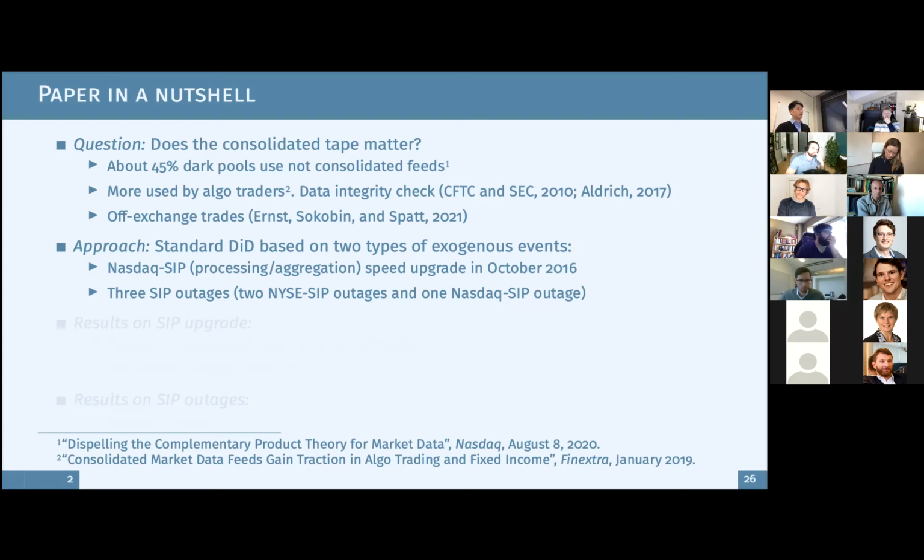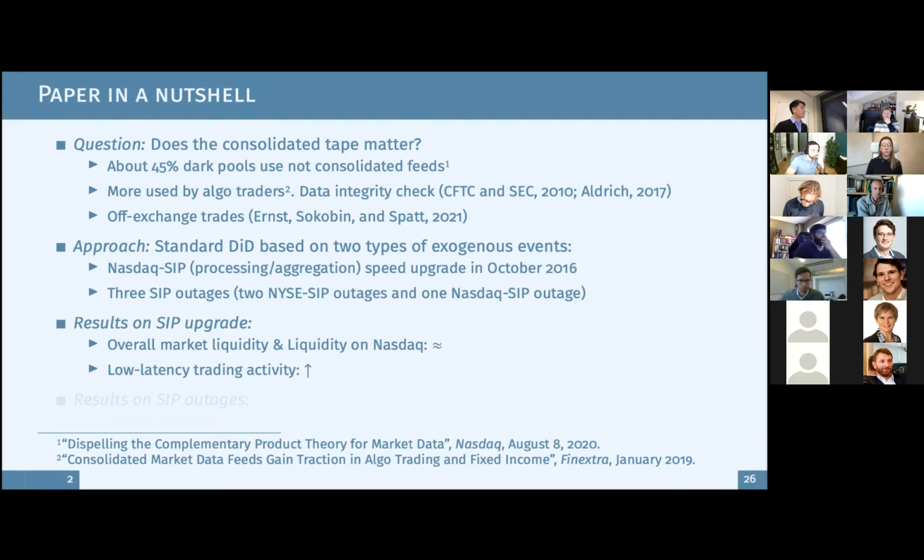We have 2 SIPs now in the US market, the SIP run by NASDAQ and the SIP run by NYSE. So that creates a very natural difference-in-differences approach, where I can use the exogenous events to tell what the impact of these 2 events is on market quality and other variables.